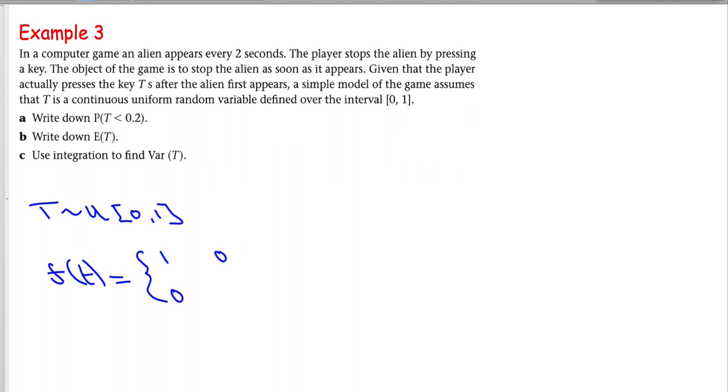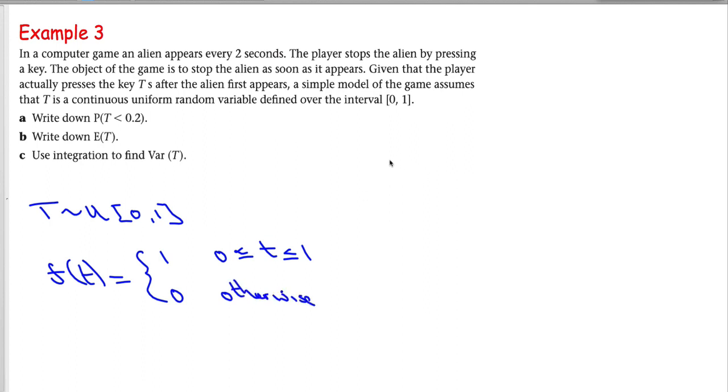So for 0 less than or equal to t less than or equal to 1, I should be using little t here. Between 0 and 1, the density must be equal to 1, and it's 0 otherwise.